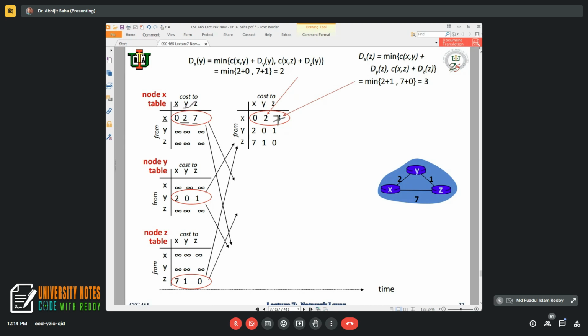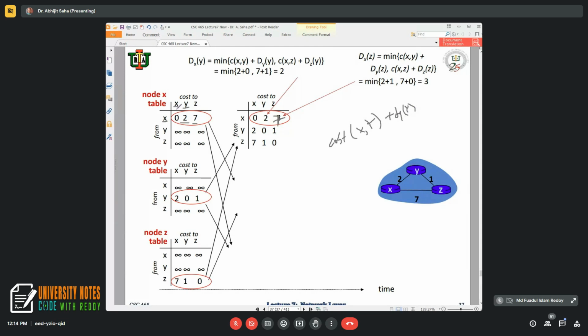Now come to X to Y. You want to go from X to Y, so one path is cost of x to y plus dy to y, because y is the destination itself. Why y to y?